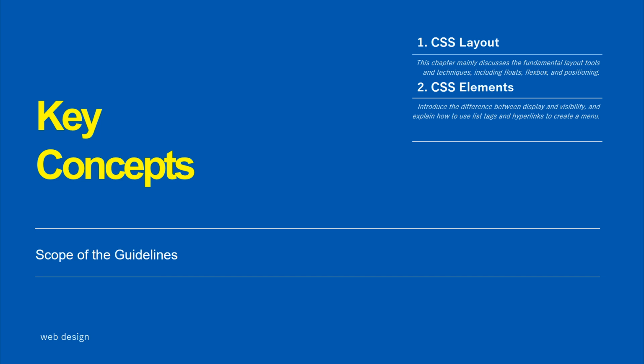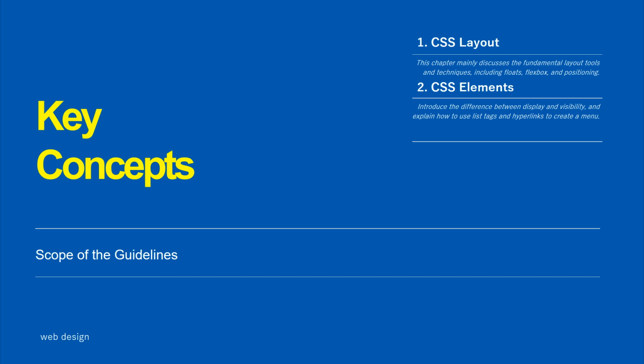And the second one is that I want to explain how to create navigation on your site. In navigation, we will use list tags. Do you remember what a list tag is? Actually, list tags can be divided into two kinds: one is the unordered list, and the other is the ordered list.